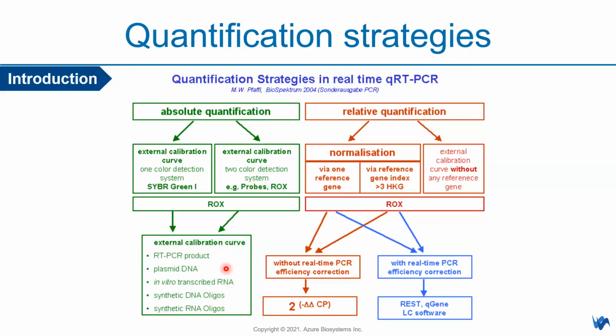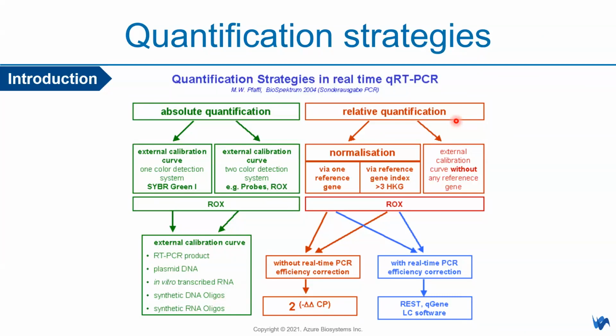So there's a lot of them. You can see the list of them coming here. RT-PCR product of your gene of interest, plasmid DNA, in vitro transcribed RNA, and some commercially available synthetic DNA or RNA oligos.